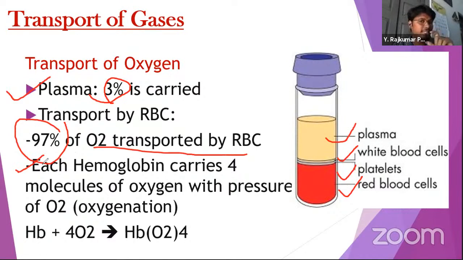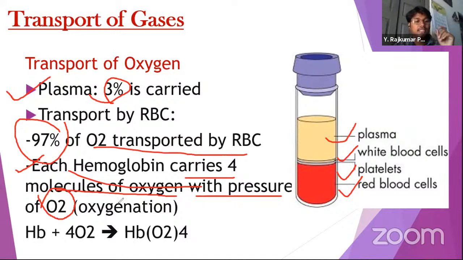Each hemoglobin, as I just said, is a respiratory pigment. Each hemoglobin carries 4 molecules of oxygen with the pressure of oxygen. The mixing of oxygen with the hemoglobin is called oxygenation. So around 97% of the oxygen is transported with the help of hemoglobin present in the RBC.